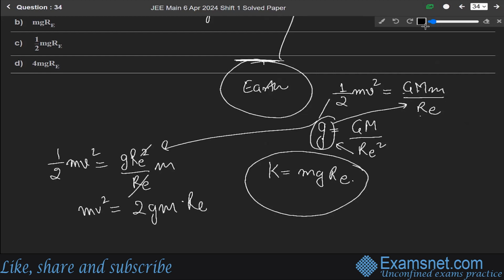So this m cancels out, so we get v equals under root of 2g RE, not mg RE, it will be 2g RE.